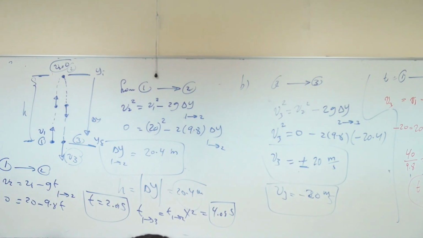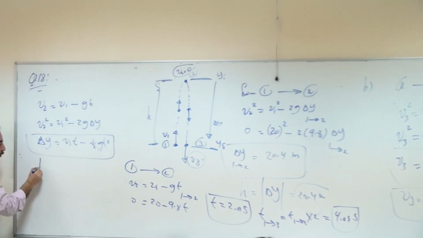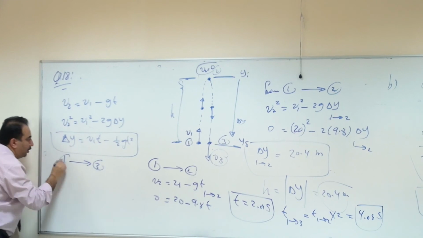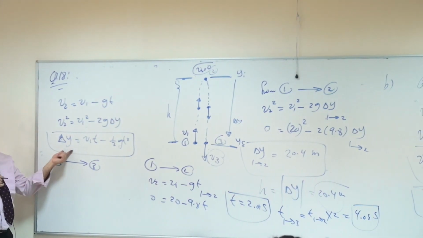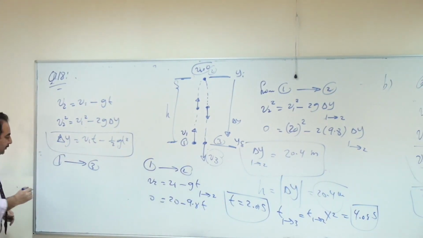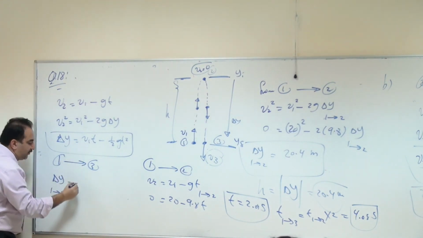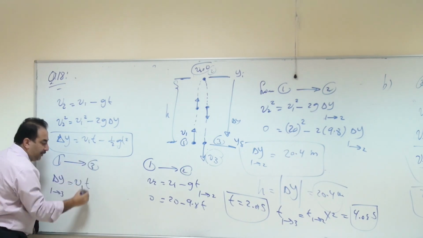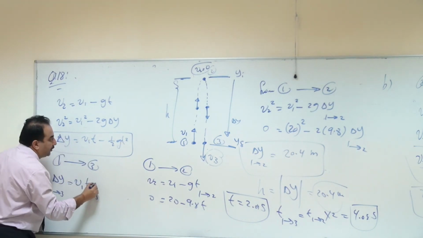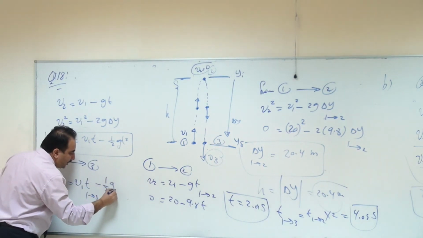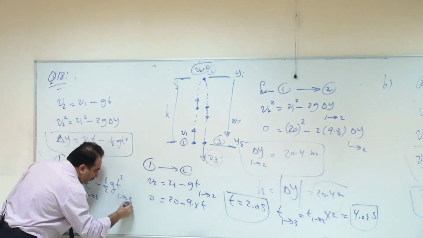I want to apply this equation from 1 to 3. Now, what is this delta y from 1 to 3? Delta y equals V1 T from 1 to 3 minus half G T squared from 1 to 3.